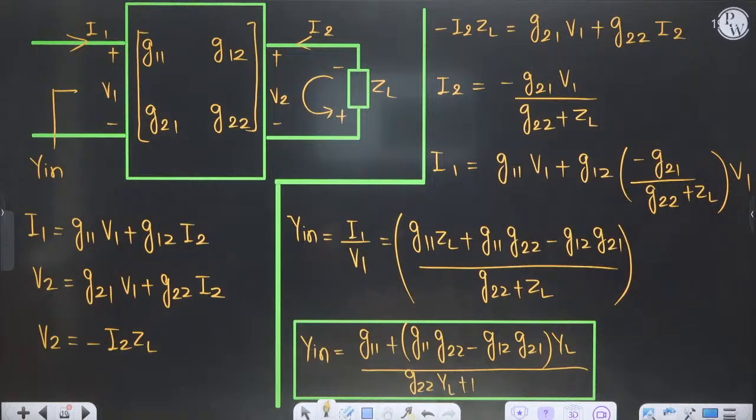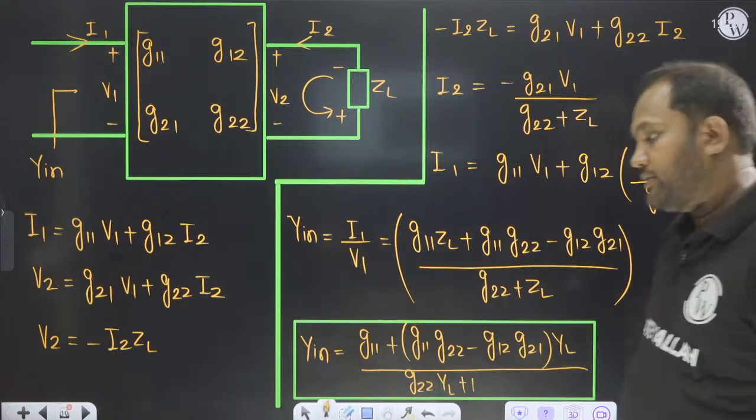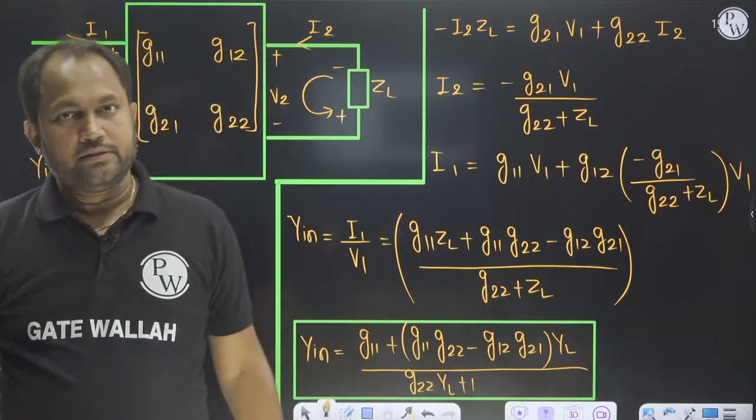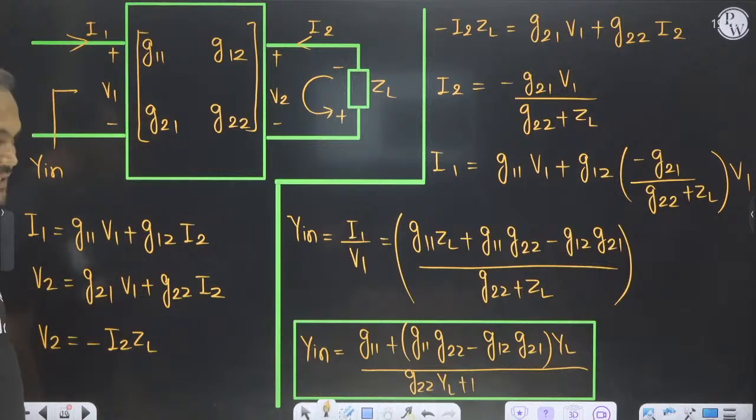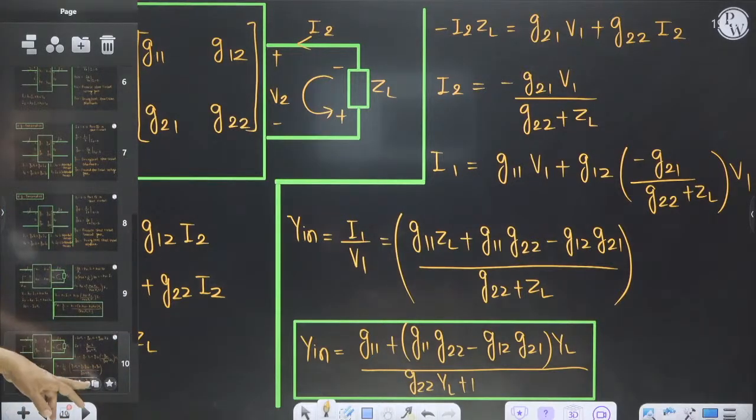There are so many things which we are going to derive. Second, we are going to derive Z out and Y out.